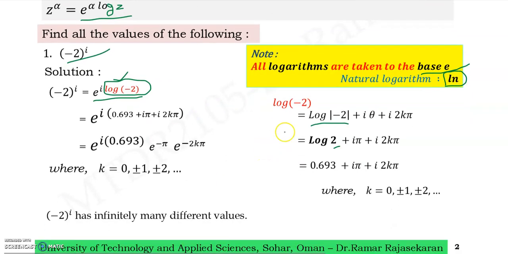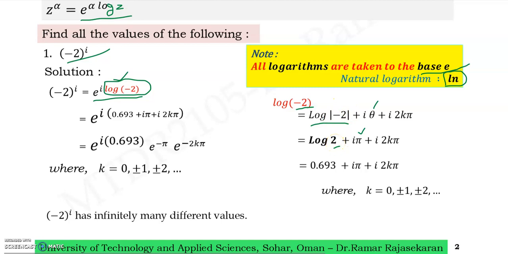So now we are going to find log of minus 2. Again, by the definition of logarithmic value of this complex number, I am writing log of absolute value of minus 2 plus i theta plus i 2k pi. What is theta? Theta is nothing but the argument. For this complex number, the theta value is pi. The absolute value of minus 2 is 2.